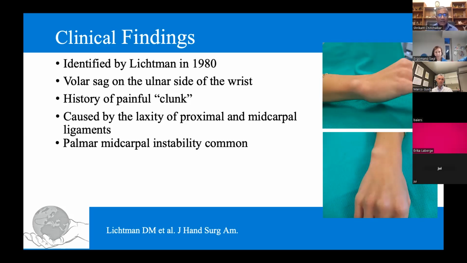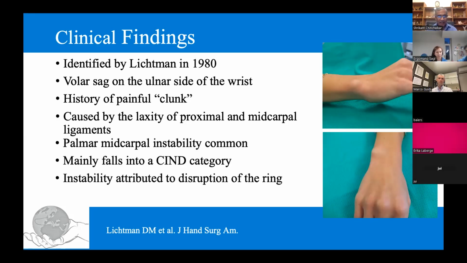It was obvious that palmar or volar midcarpal instability is quite common, and of course they fell into the CIND, carpal instability non-dissociative, category. The instability was therefore attributed to the disruption of the ring concept.